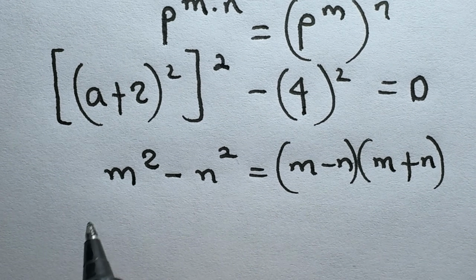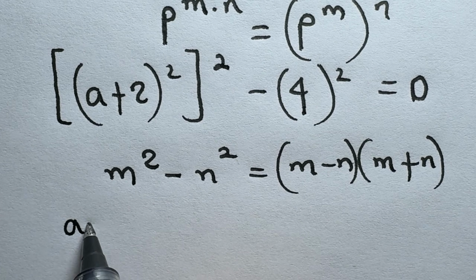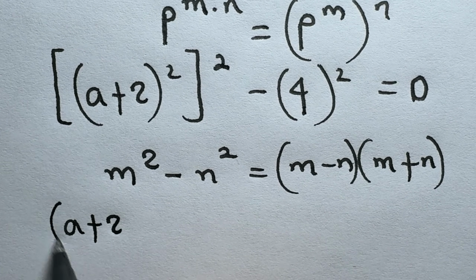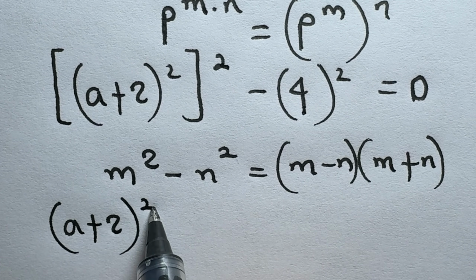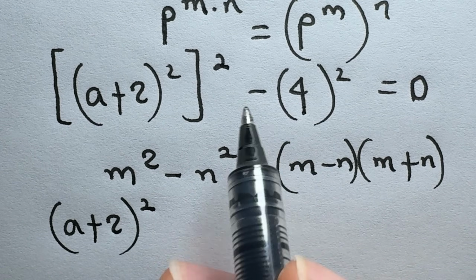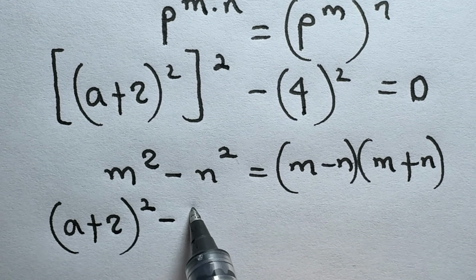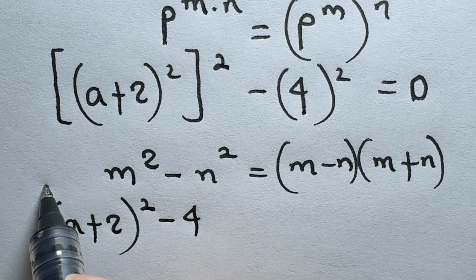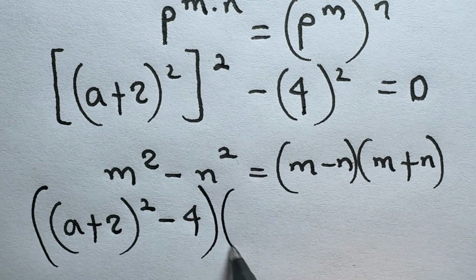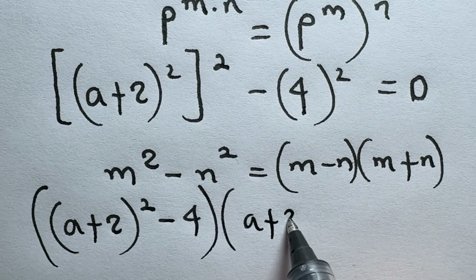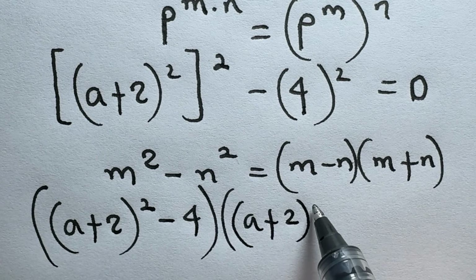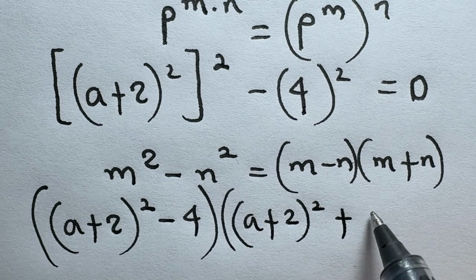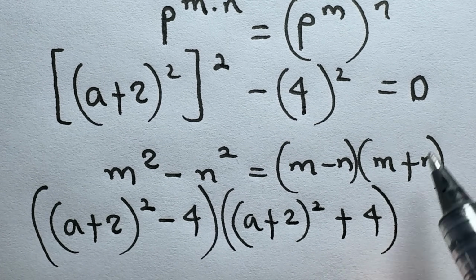So we have ((a + 2)^2 - 4) times ((a + 2)^2 + 4) is equal to 0.